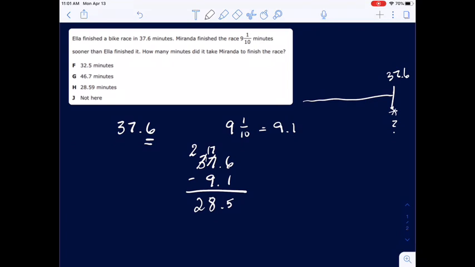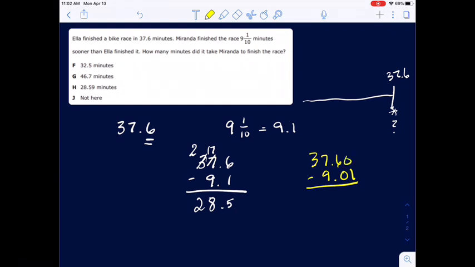So now let's think about H. If I thought the answer was H, what might I have done wrong? Let me show you how someone may have gotten H. Do you see a mistake?